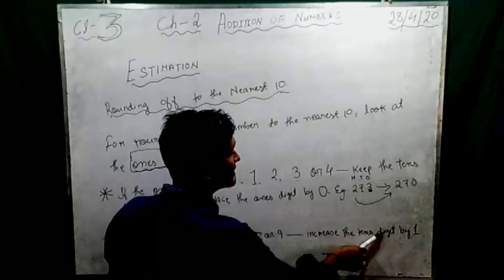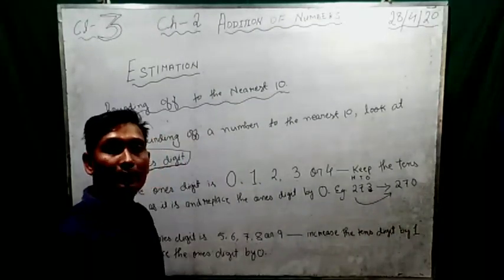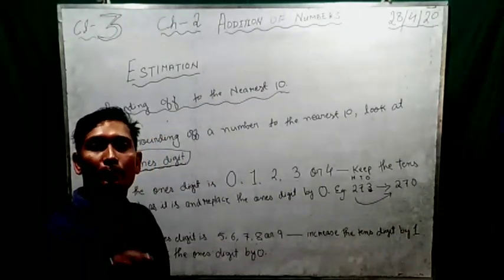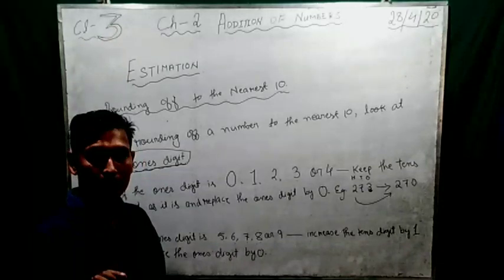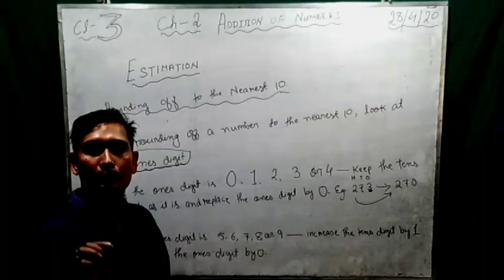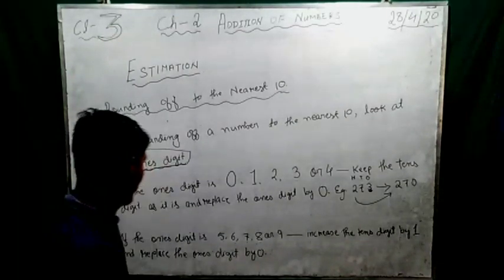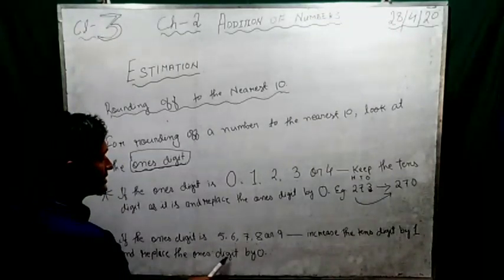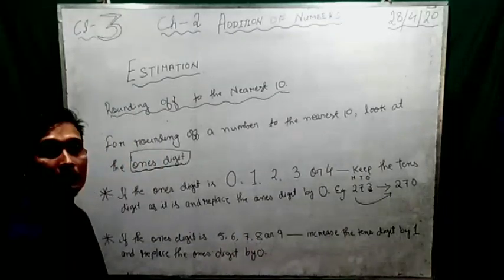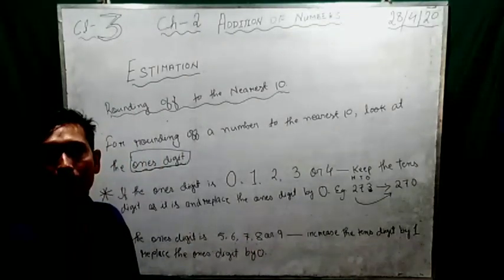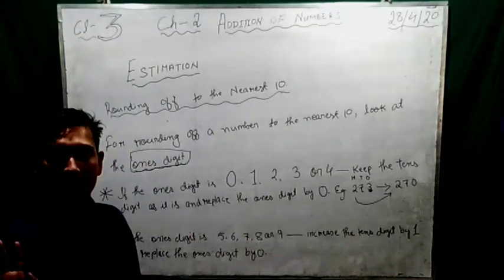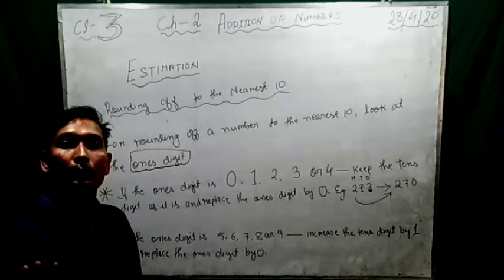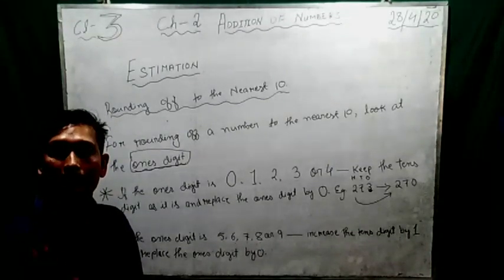Increase the tens digit by 1, which means we plus 1 in the tens place number, and replace the ones digit by 0, whatever number it is, if it is 5 or more than 5.